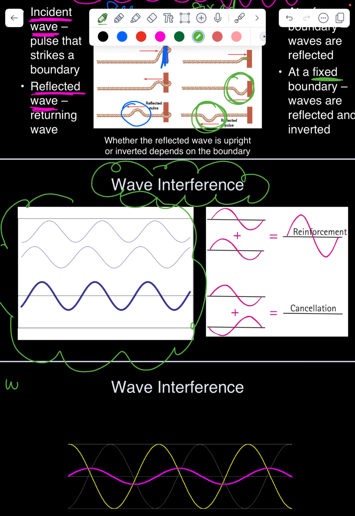Wave interference is just whenever two waves meet while traveling along the same medium.